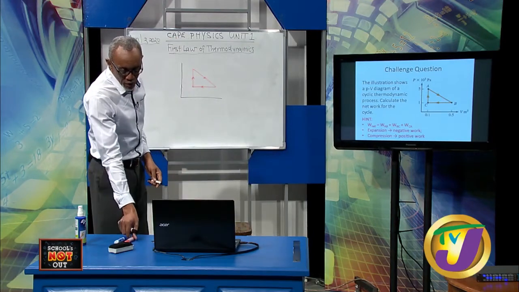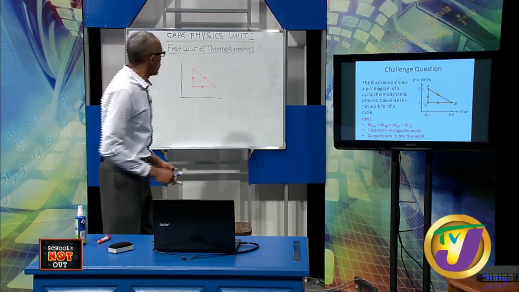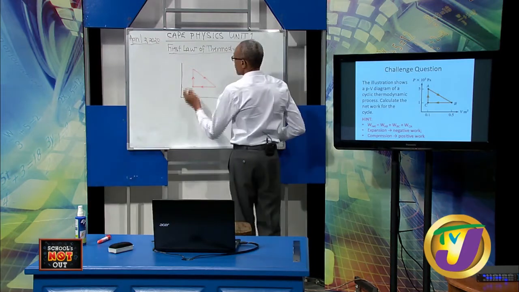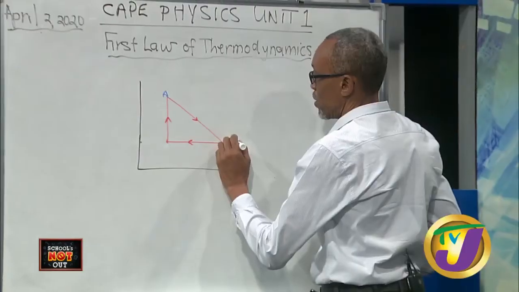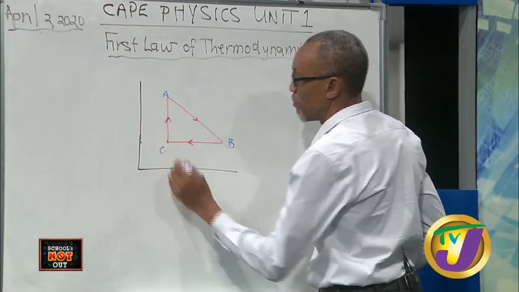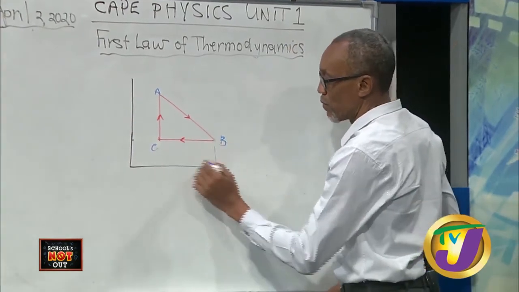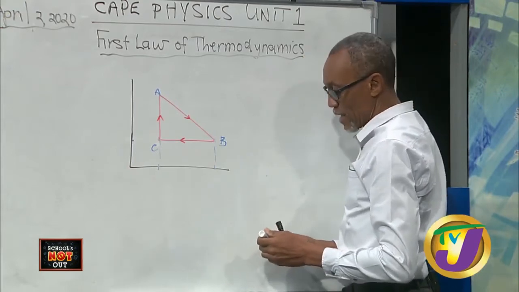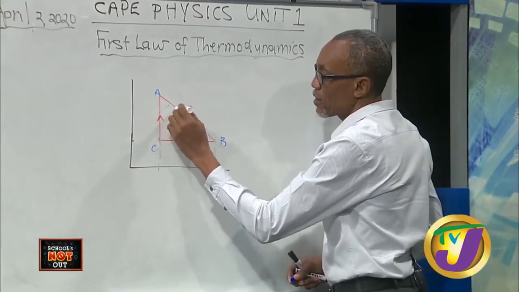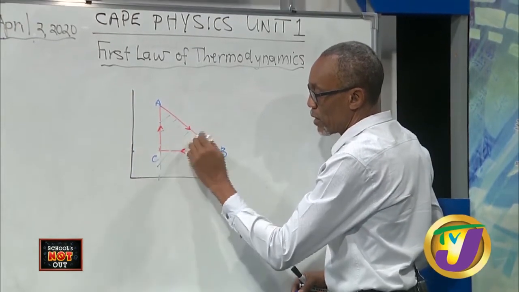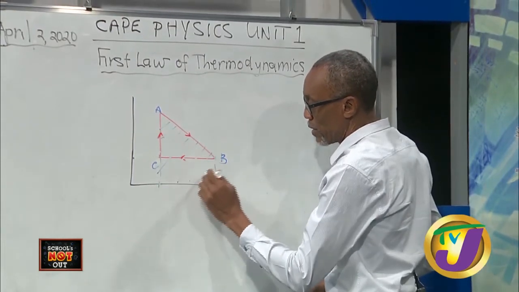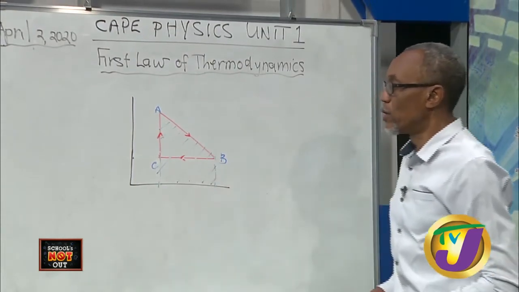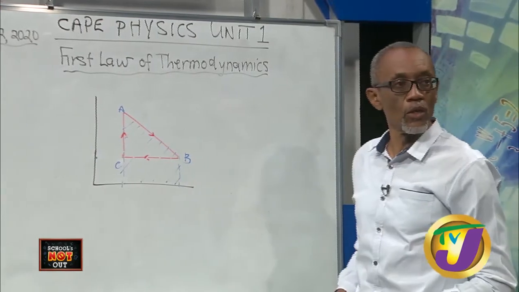Now, if we recall, for this phase here, this is A, B, and C. For the first phase, A to B, I'll draw this, this area here would be numerically equal to the work done.